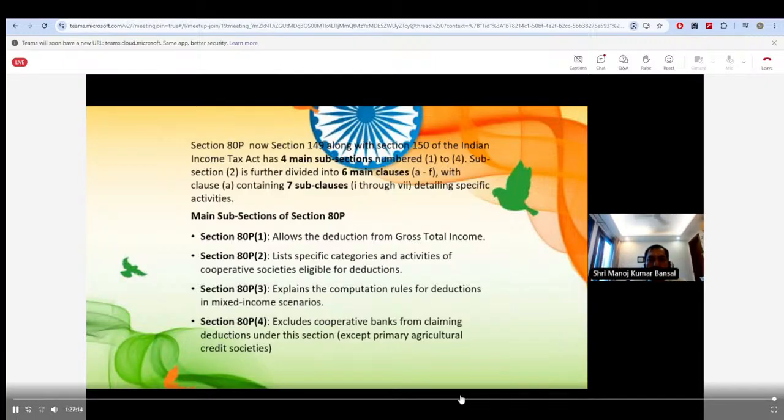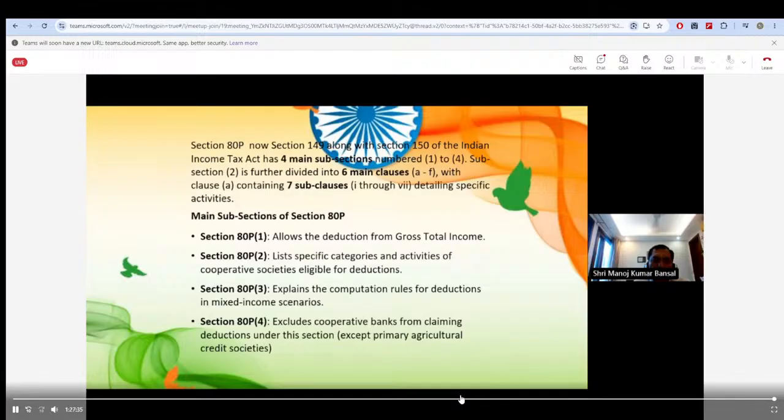Section 80P, now 149 along with Section 150 of the Income Tax Act, has four main subsections numbered 1 to 4. Subsection 2 is further divided into 6 clauses.